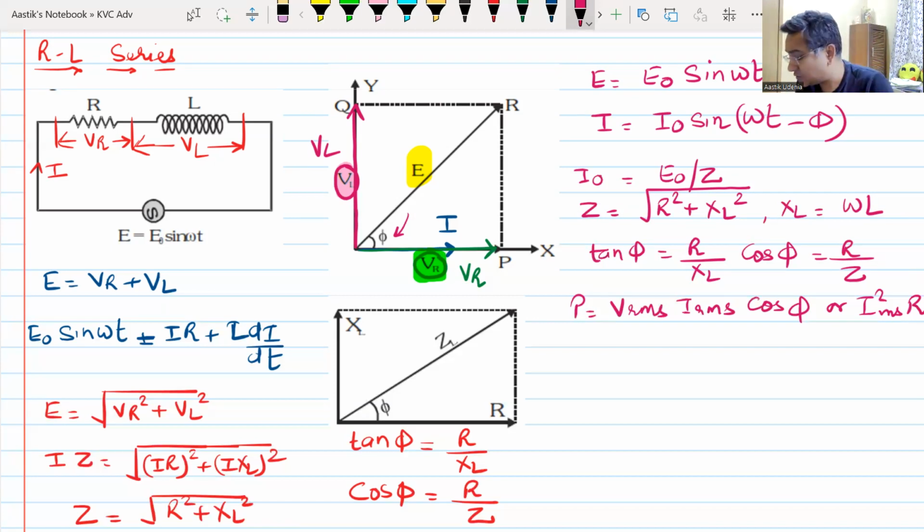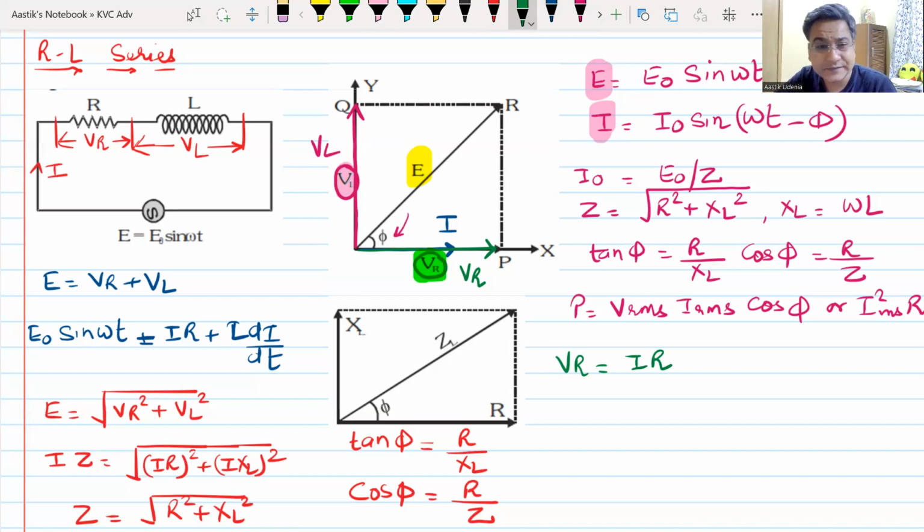Sometimes, just to make the question different or more difficult, probably in JEE Advanced, they can ask you, given the total voltage applied and the current flowing in the circuit, the value of VR and VL as a function of time. Remember, VR is I multiplied by R.